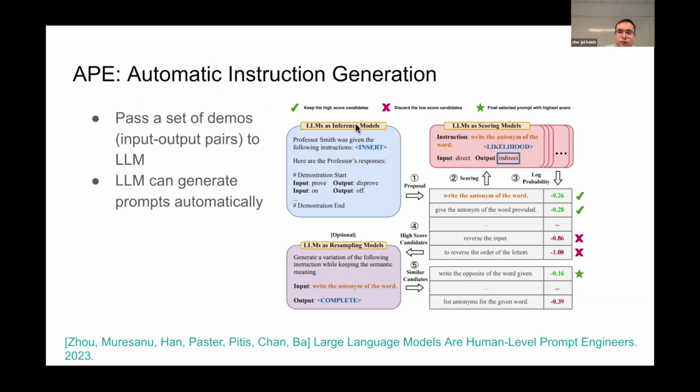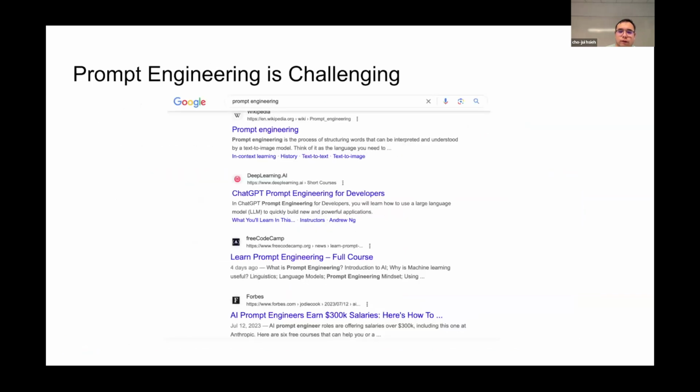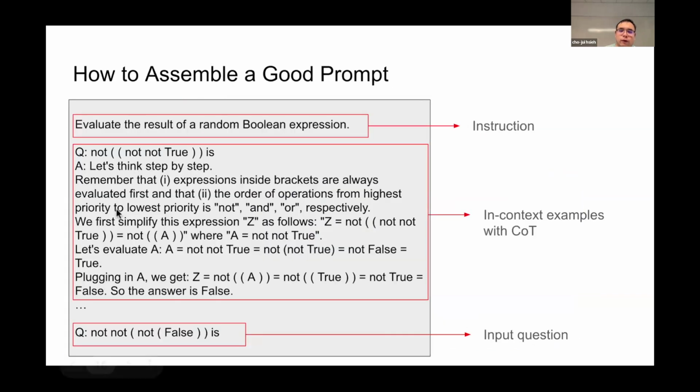Their goal is, as we can see here, for any prompt you have an instruction. So they ask the question: if I'm given some input output pairs, can I use an LLM to automatically generate the instruction based on the input output pairs? So I don't need to write it down.